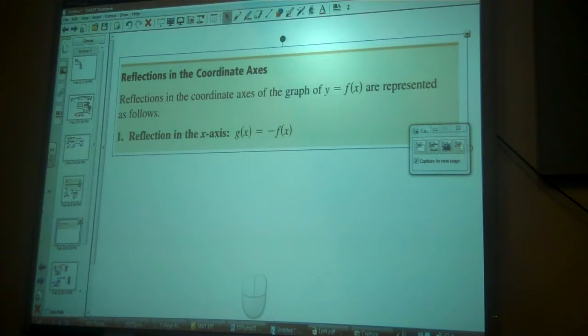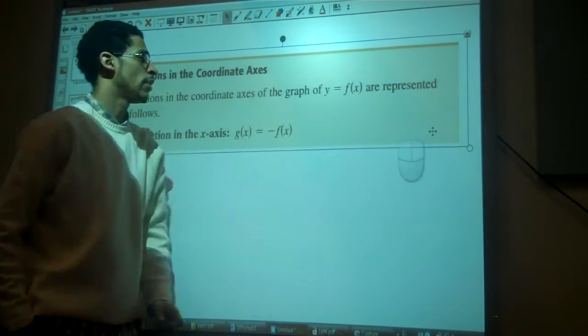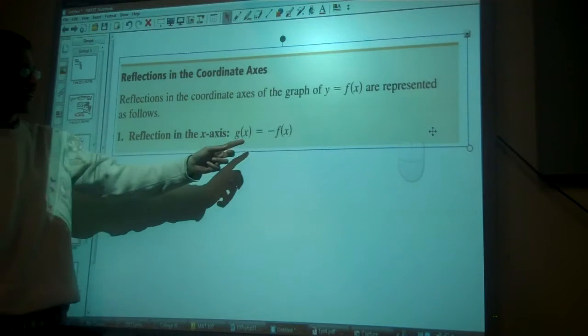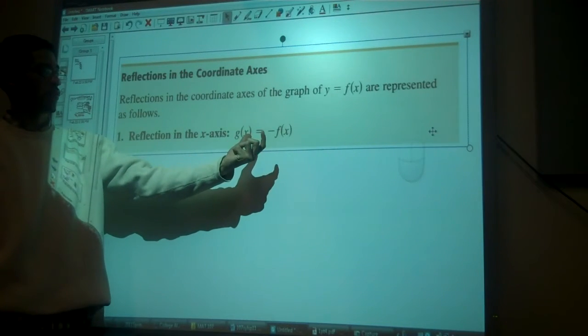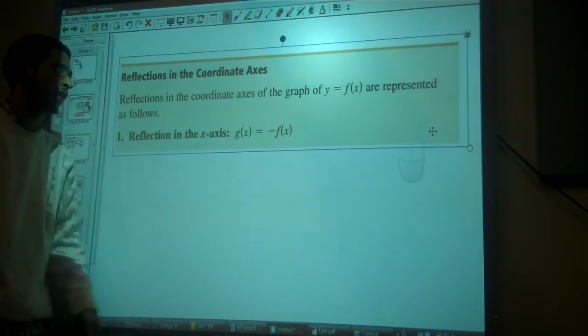So how do you accomplish a reflection across the x-axis? You do that by taking your function and putting a negative, basically multiplying it by -1.